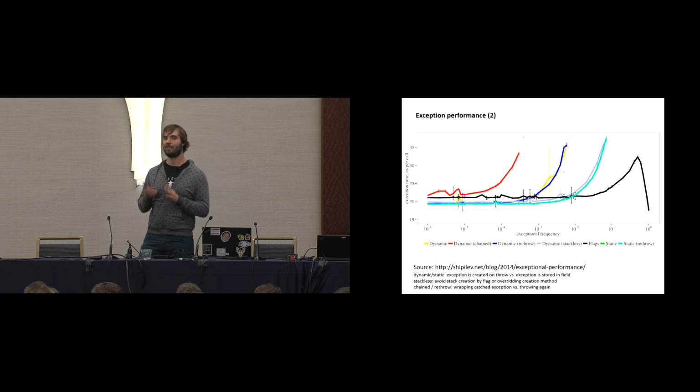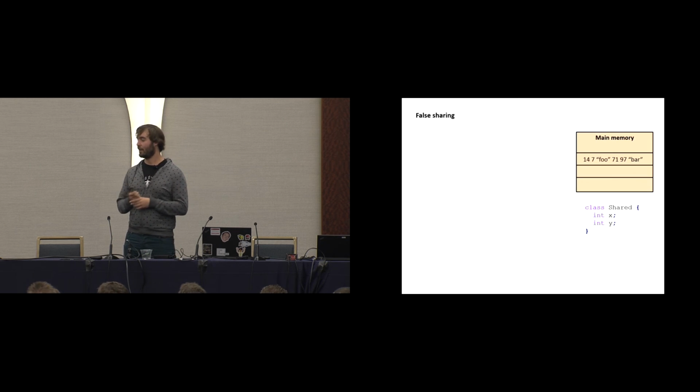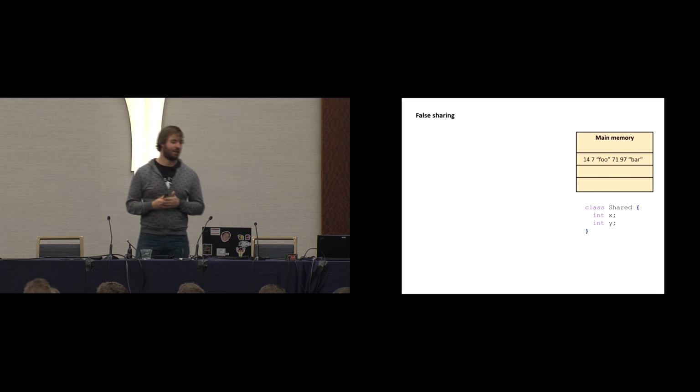So really, exceptions are meant for rare cases. Okay, so exceptional control flow is a really bad idea, not only for aesthetic reasons and code readability, but also for performance reasons.